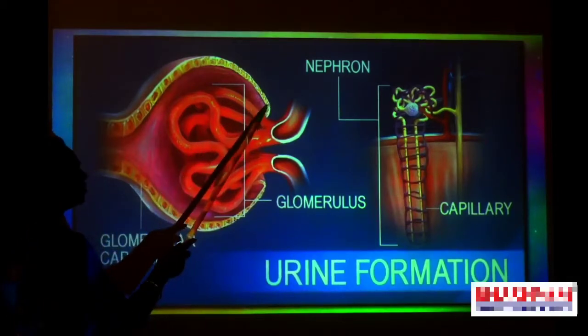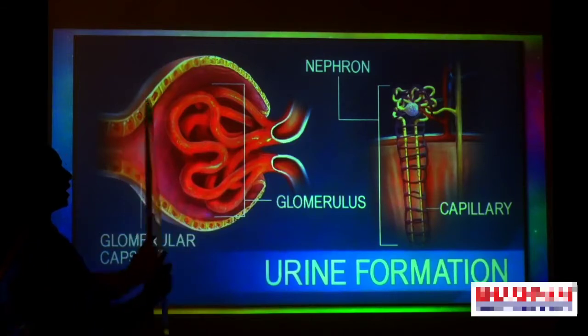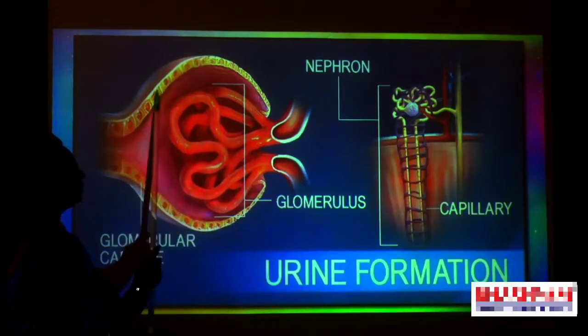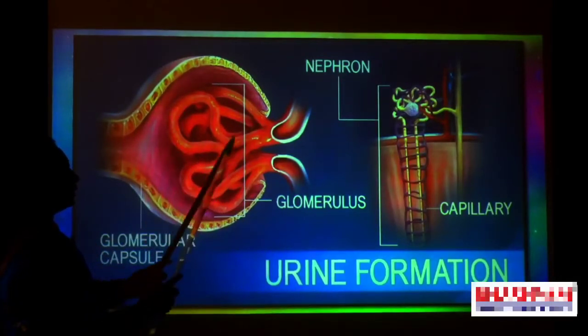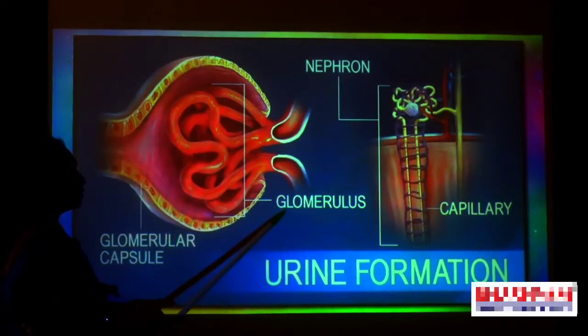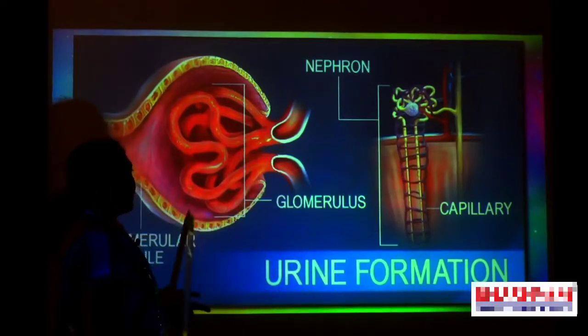So based on these 3 layers of cells, the material may be moved on. Inside the Bowman's capsule there is a network of blood capillaries, which together we call the glomerulus. The glomerulus helps to filter the urine.